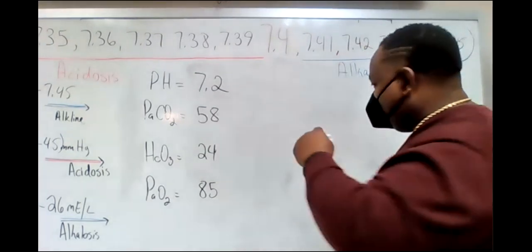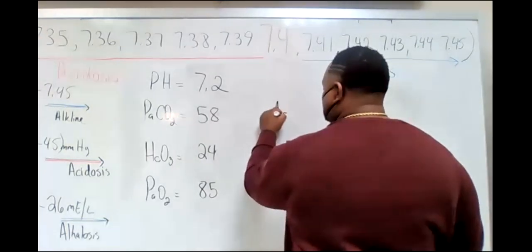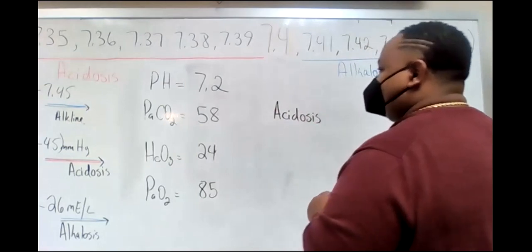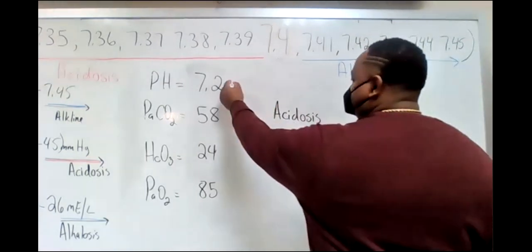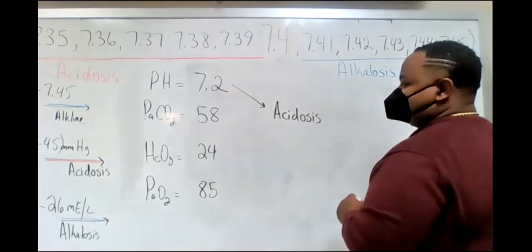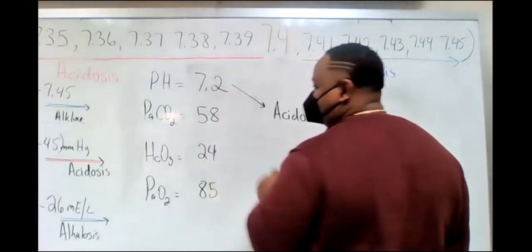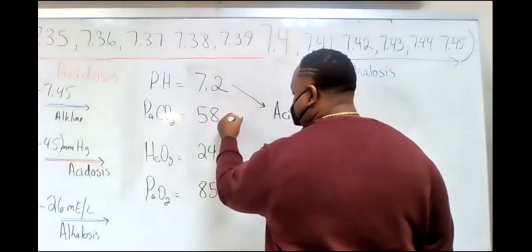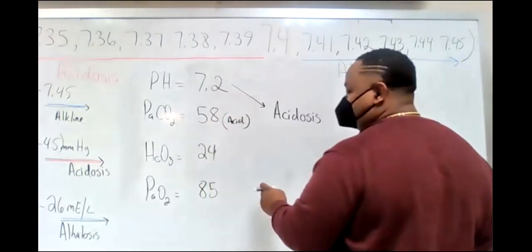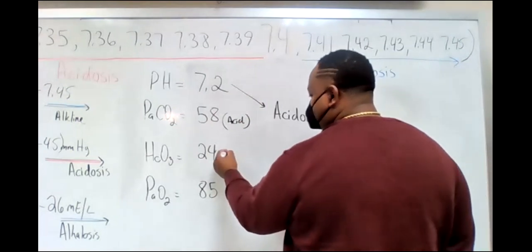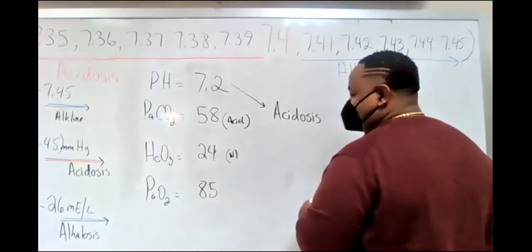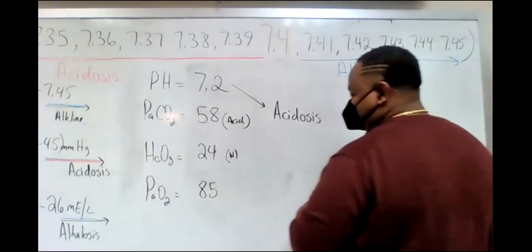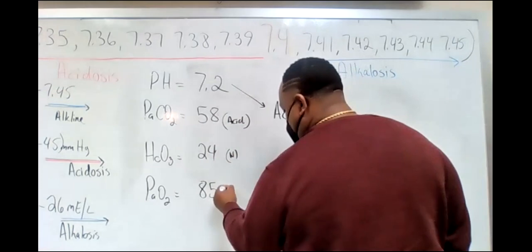It's acidosis. So we are in an acidosis. Now let's find out who's causing the problem. What is CO2 doing, Charisma? Acidosis. Acid. What is bicarb doing, Charisma? Normal. Okay. And what is PaO2 doing? It is normal oxemia. Normal.